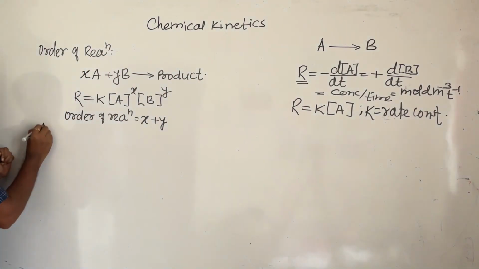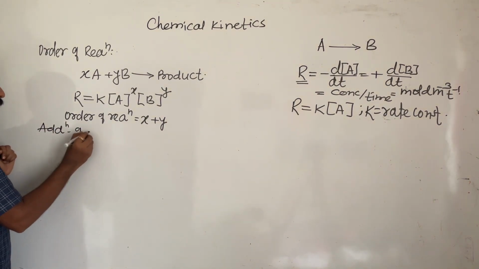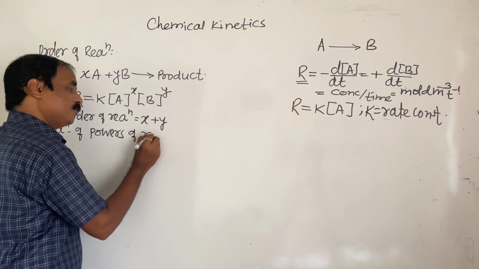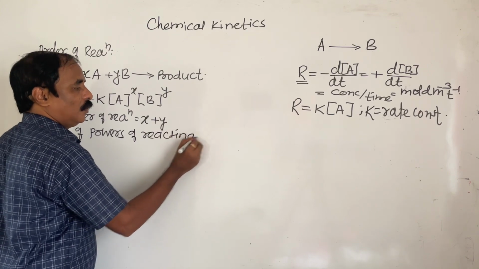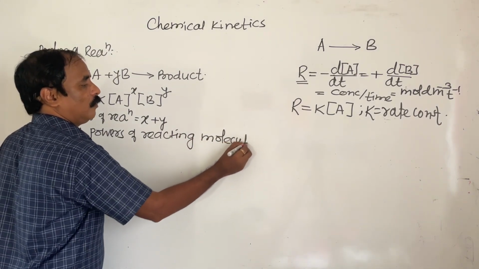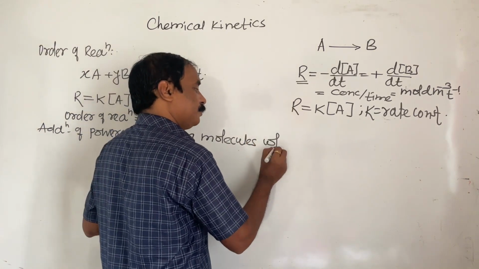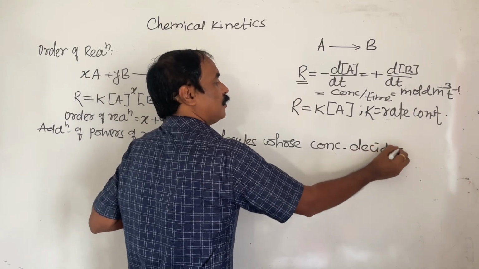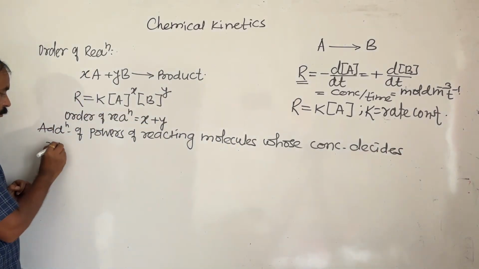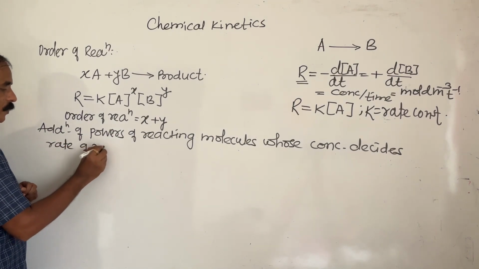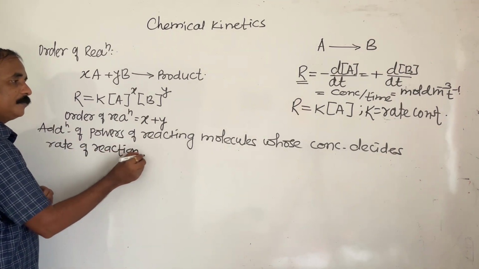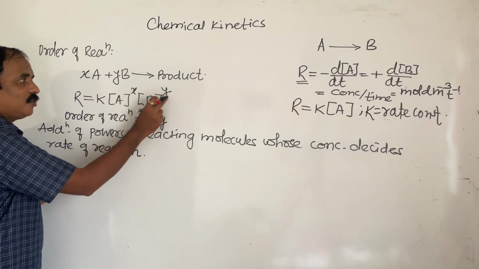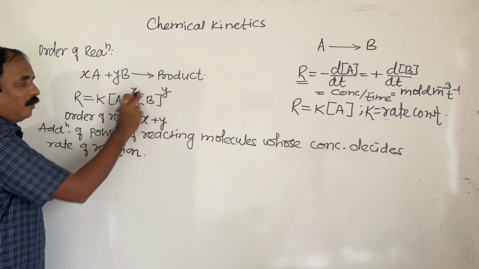Sum of powers or exponents of reacting molecules whose concentration decides rate of reaction. x is the power of A, y is the power of B. So addition of these powers यानी order of reaction.